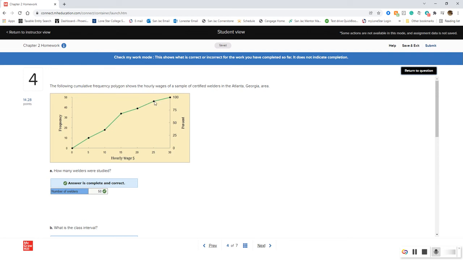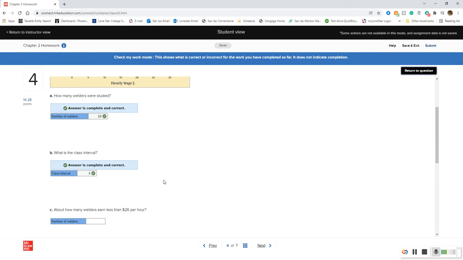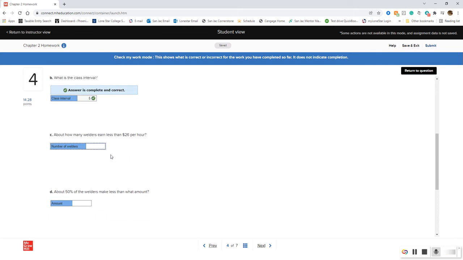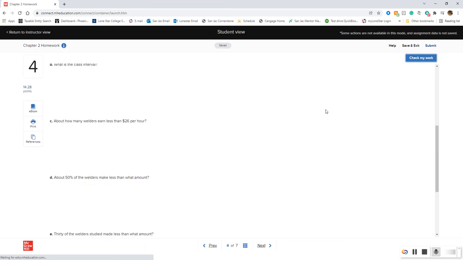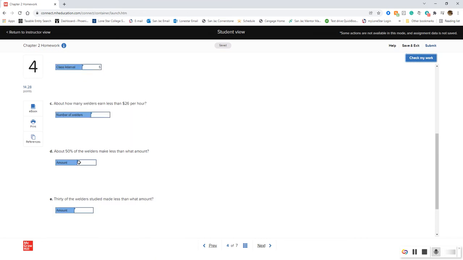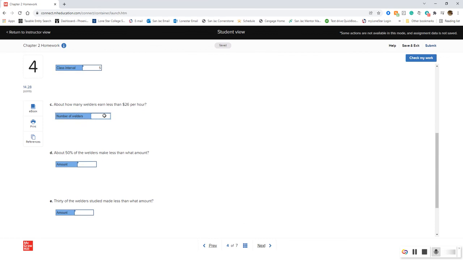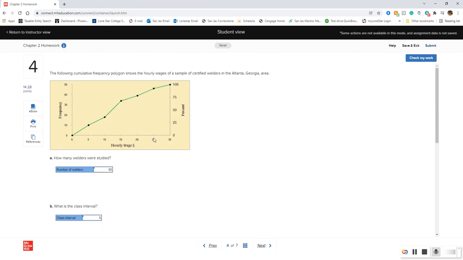Alright. So there's our 26. So we're looking at... Probably around... That looks like below... So it looks like about 46 or... Let's see. $26.